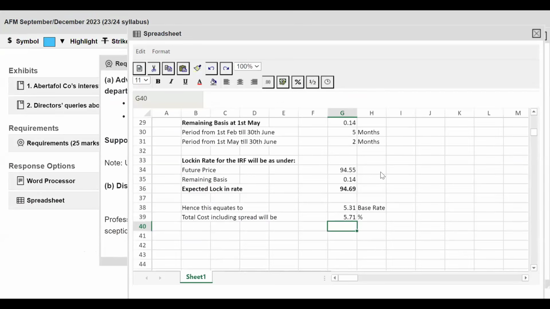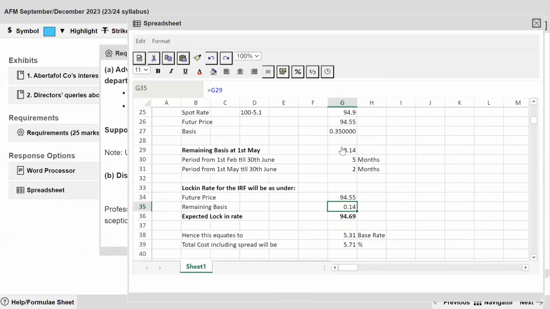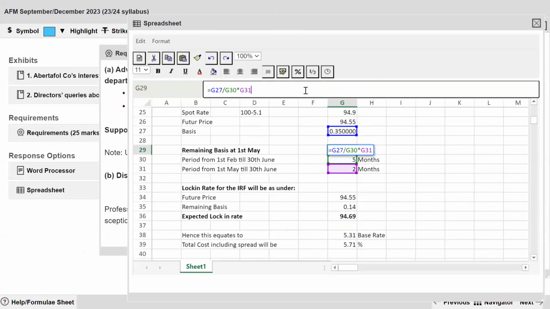See, how do we get the remaining basis? It is the total basis divided by the number of months, multiplied by the number of months remaining.